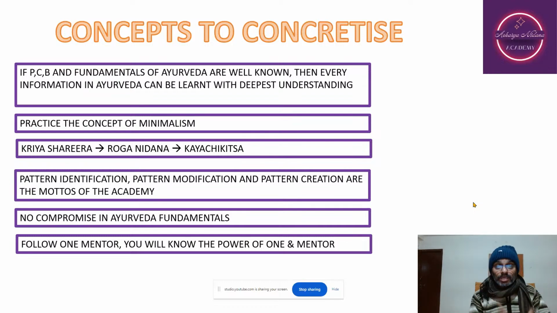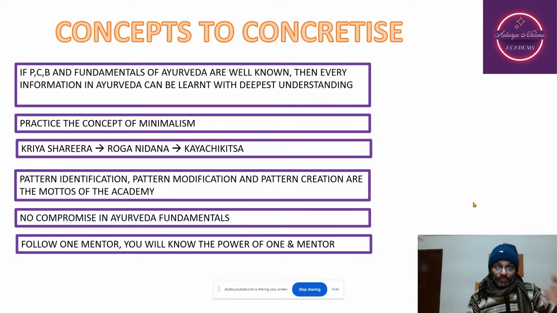So what actually happens in one particular thought process? Because you are observing multiple thoughts, you are not in a position to come to a particular conclusion about where you want to channelize your thought process. Hence, follow one particular mentor.